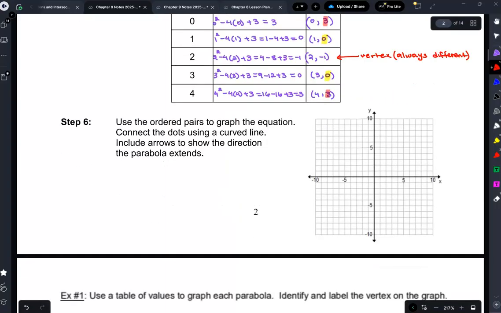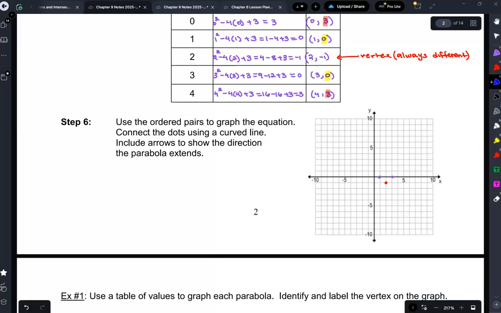So now, look at this. Let's put in the vertex. The vertex is 2 comma negative 1. And then look, I have 1, 0. 3, 0.